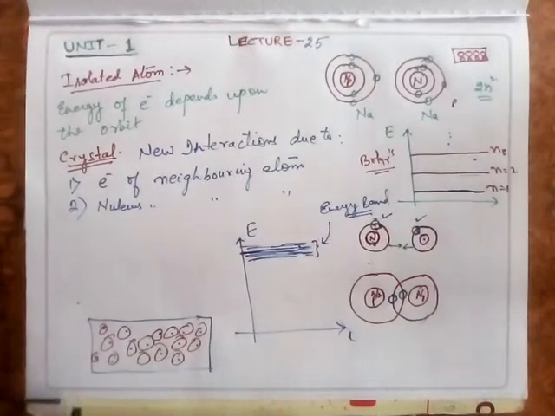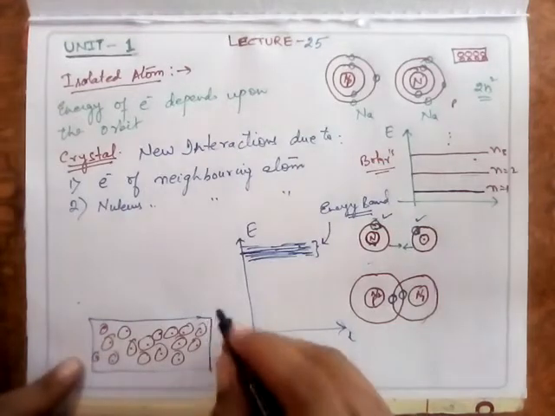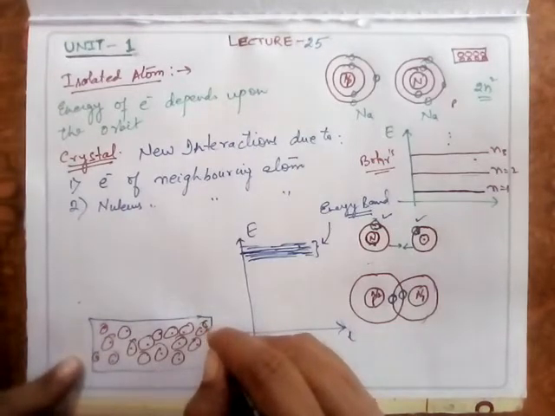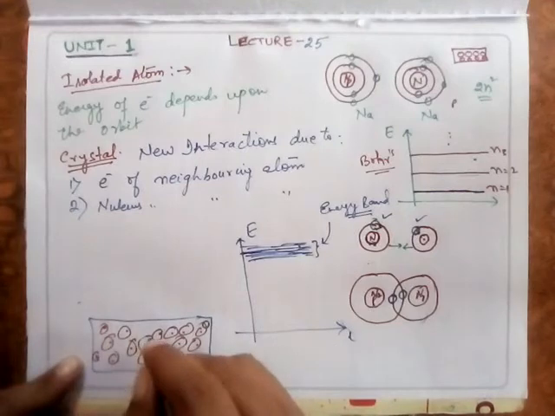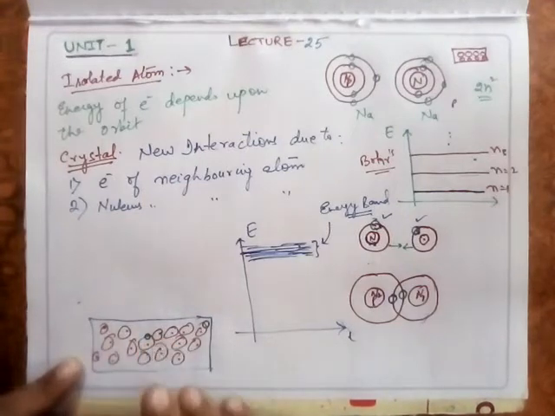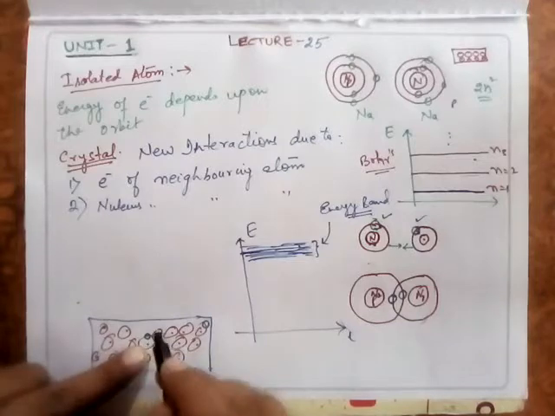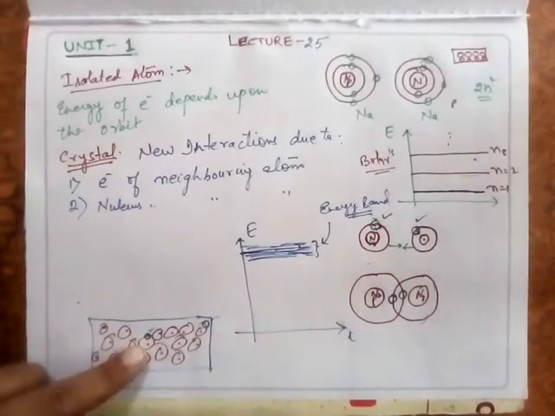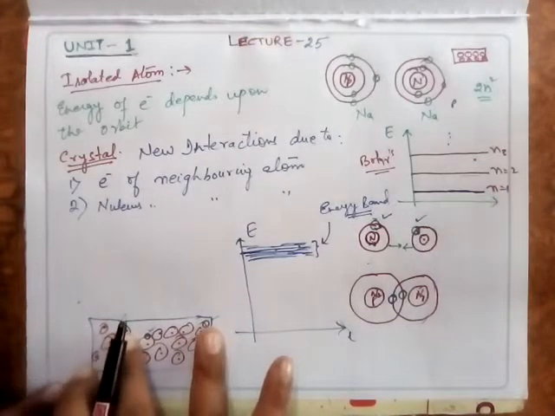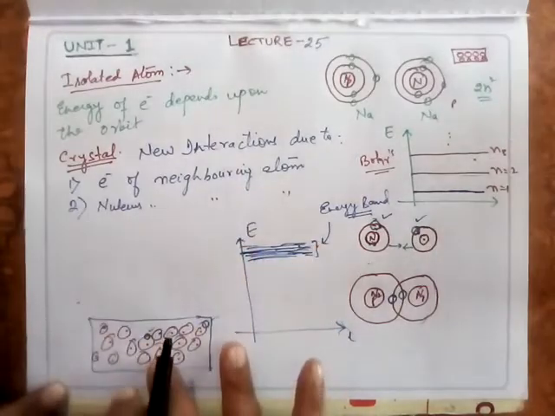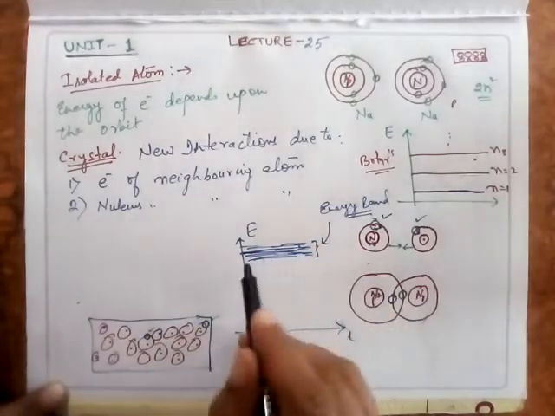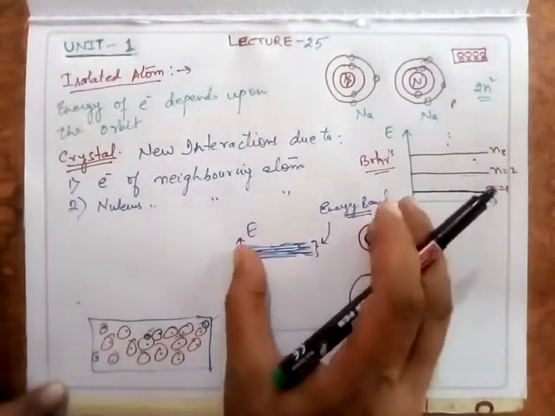Now suppose this is the first orbit, and an electron is here in this first orbit, and here another electron in the first orbit. Even of the same orbit, the different electrons, although they belong to the same orbit, may have different energy. So suppose there is the energy of the nth band.